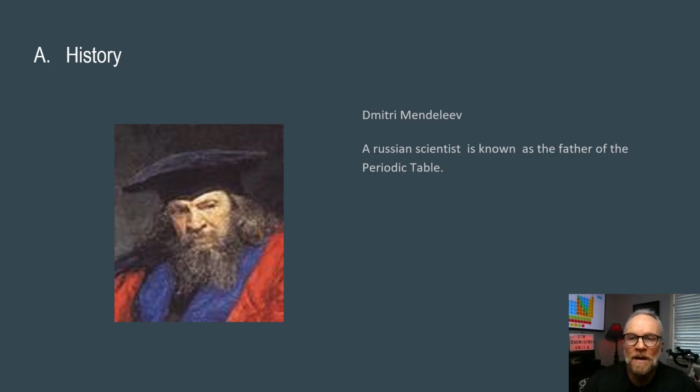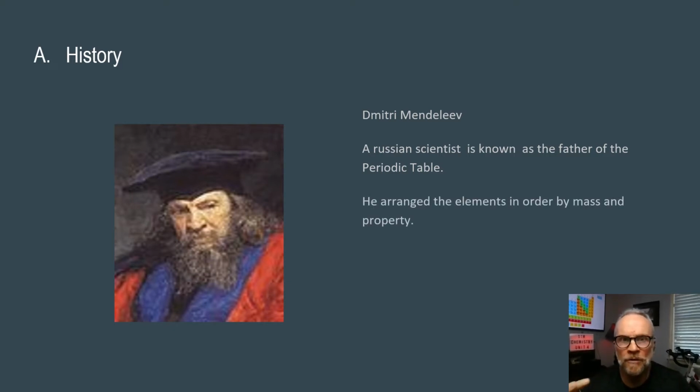And he had a set of cards that he used to make notes on, and he would move the cards around and try to make sense of an order of the periodic table. And what he and others noticed was that when he put the elements in order by mass, the first 8 had kind of dissimilar characteristics, but the 9th element tended to have elemental characteristics of the first one.